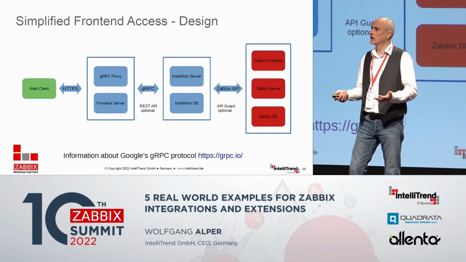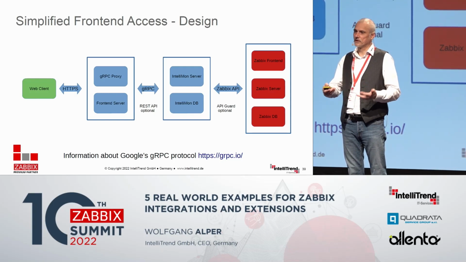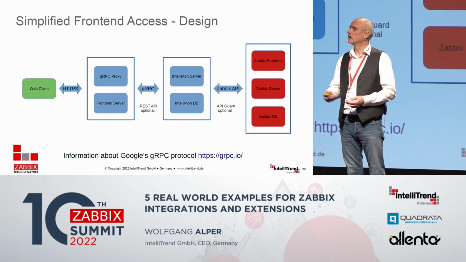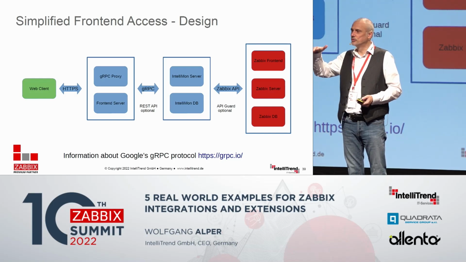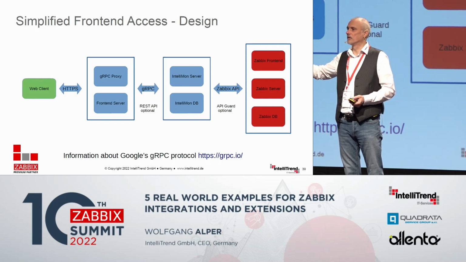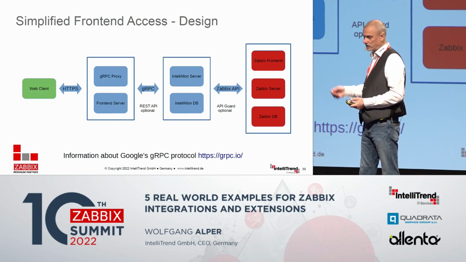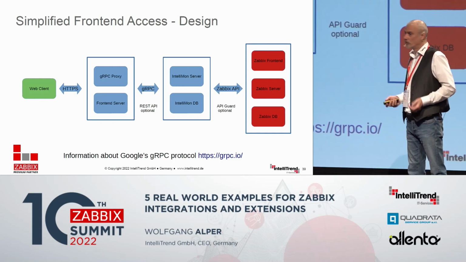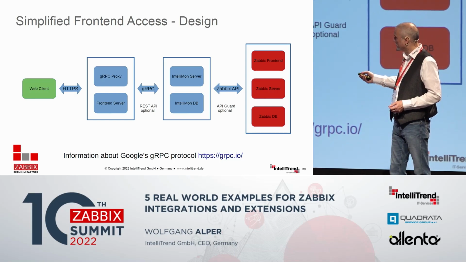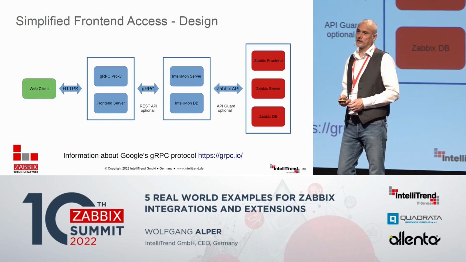So if you're using Kubernetes, if you're using Docker, if you're using this microservice stuff, you will find that most of it is based on gRPC. It's an HTTP2 binary protocol. If you're interested, visit grpc.io and you can read all about it. We are using this protocol to be more efficient. And then we have a web client using HTTPS, which finally connects to this infrastructure.